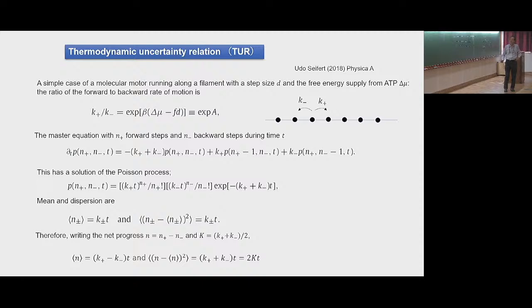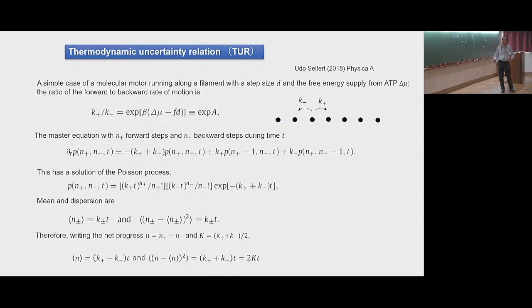He considered a one-dimensional lattice without boundary, I mean that it continues infinitely, and a biased random walk along the lattice with k plus and k minus. These are hopping weights. The ratio of k plus and k minus should be related to the free energy difference. So the free energy supply should give rise to this imbalance.